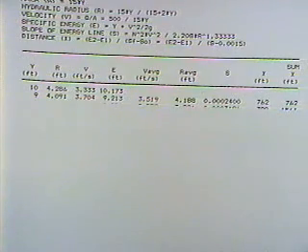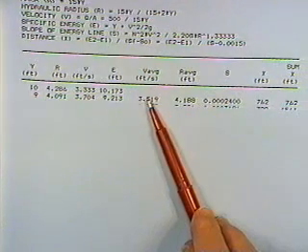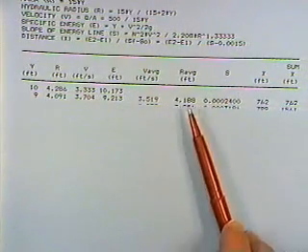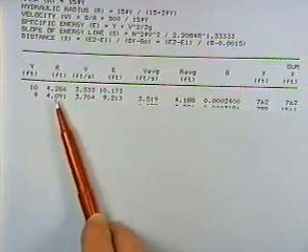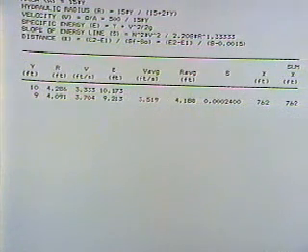We need to get the friction slope, the S term. We need an average velocity to plug into Manning's equation. We just average those two velocities. We need an average hydraulic radius to plug into Manning's equation. We just average these two hydraulic radiuses together. We plug them into Manning's equation. You can go back in your notes, we're just a page or so back.